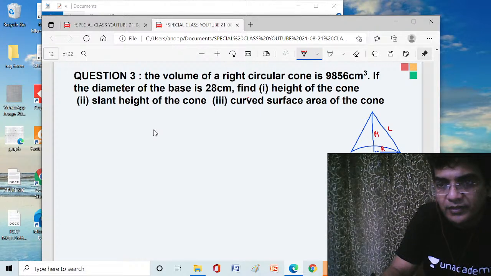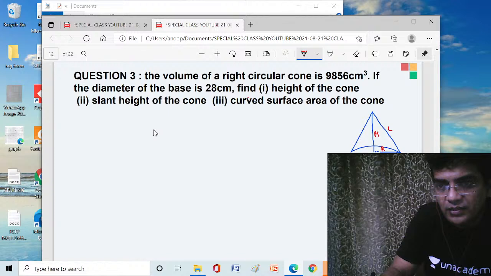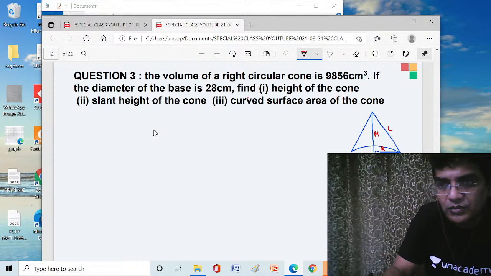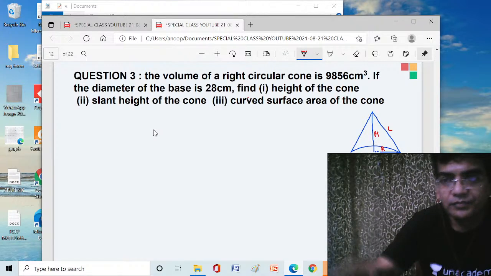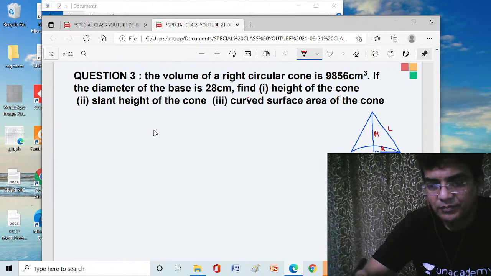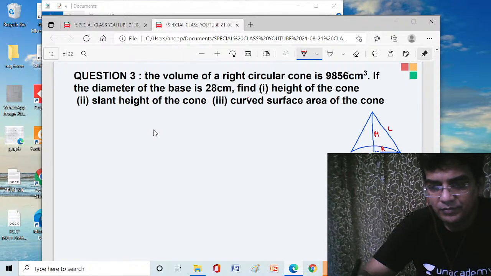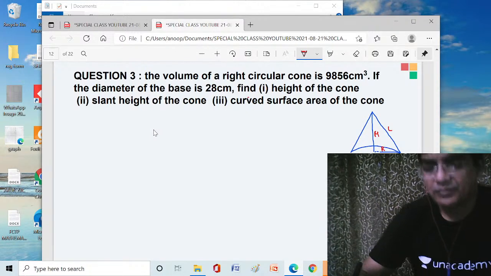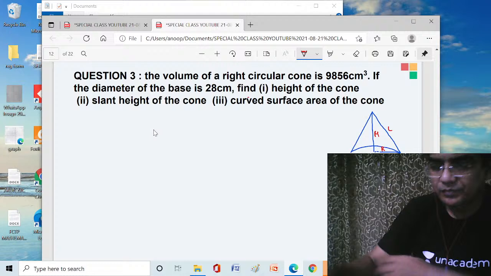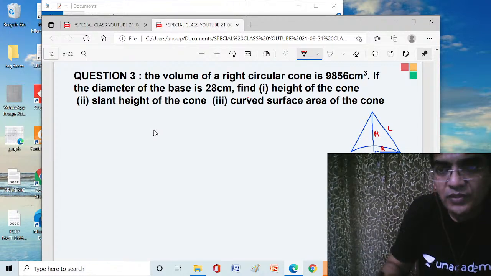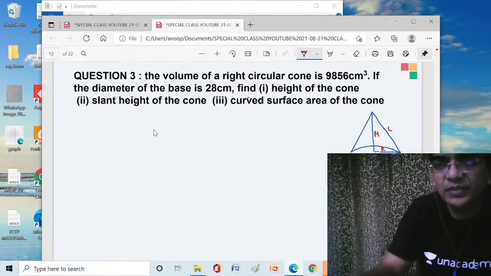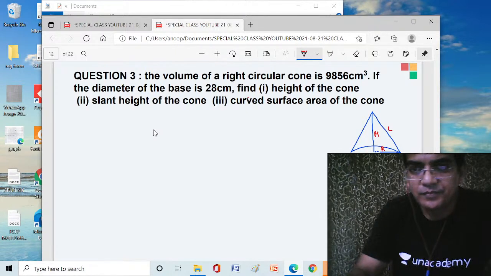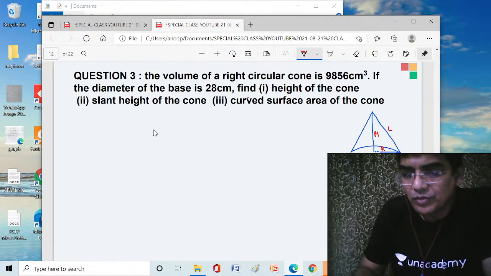Now how are they related? See, L square is equal to H square plus r square. This is the relation between them. So this is the first formula that you have to remember, the relation between the dimensions of a cone.